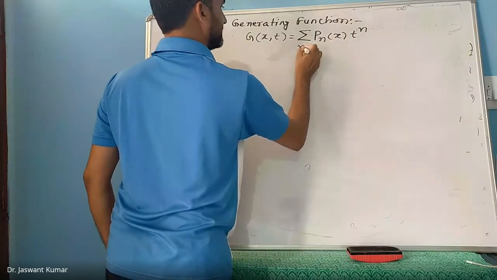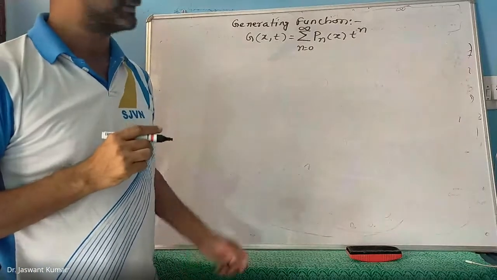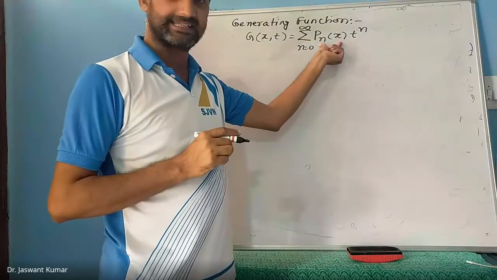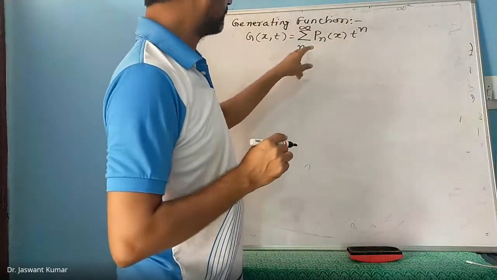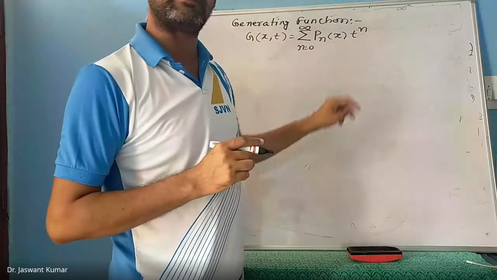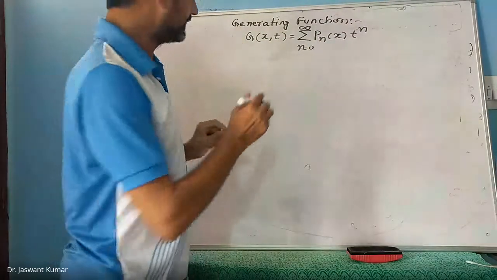So students, it is not too difficult to guess what G(x,t) will be. If you know what P_n(x) is, then the infinite series of the sum of P_n(x) multiplied with t^n will be the generating function. So what is it?